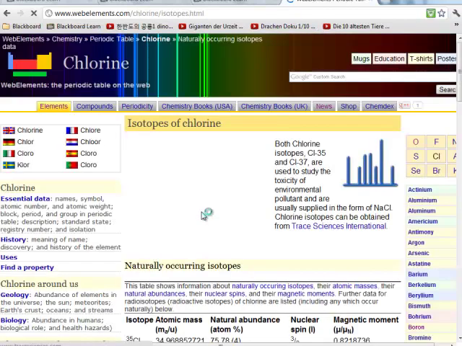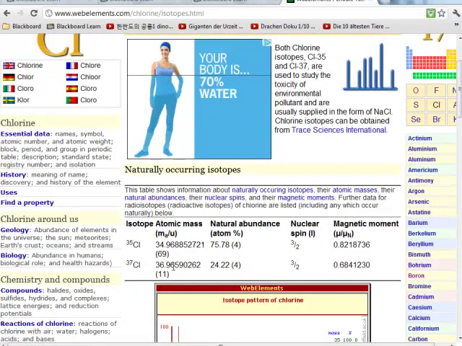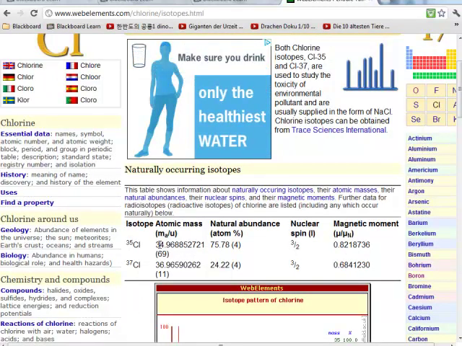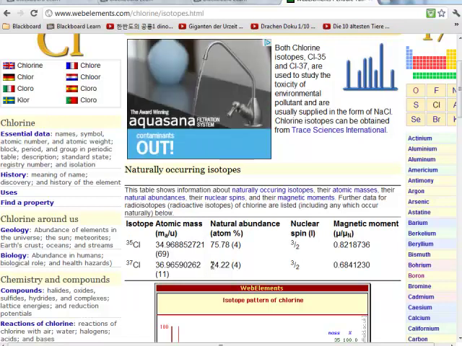But look what happens, a little bit different. Sometimes you can guess at it and sometimes you can't. So it turns out that chlorine 35 is 75%, and actually chlorine 37 is about 25%, and that makes for a weighted average of 35.45 almost.